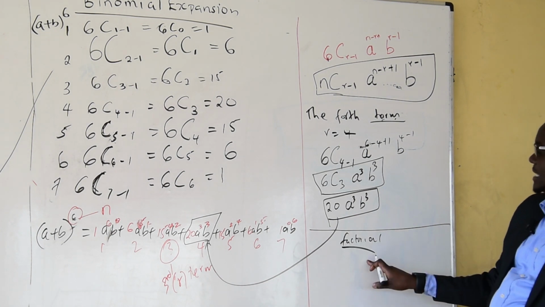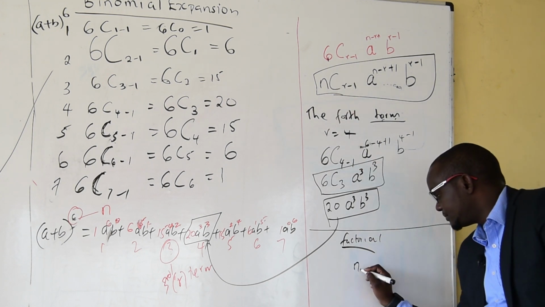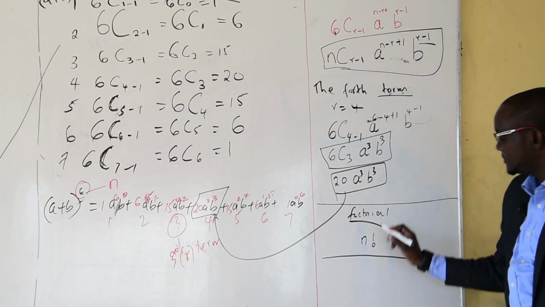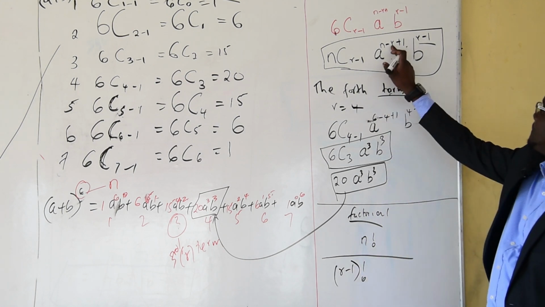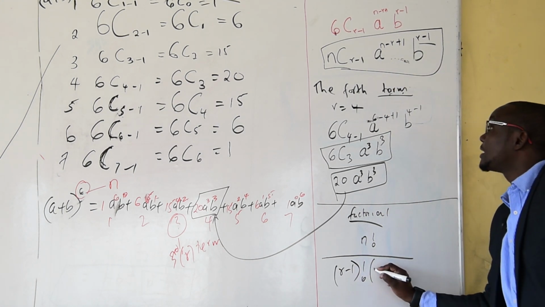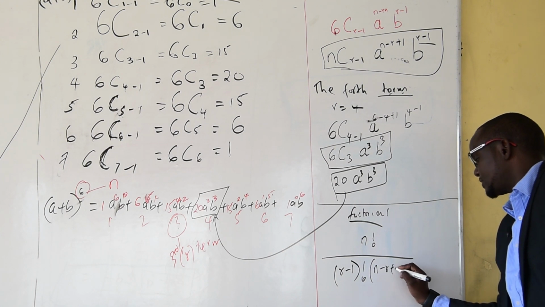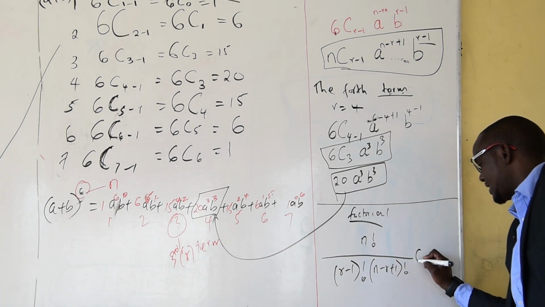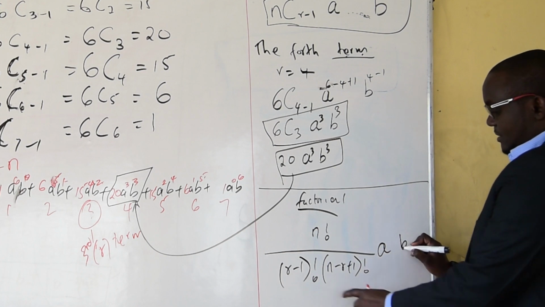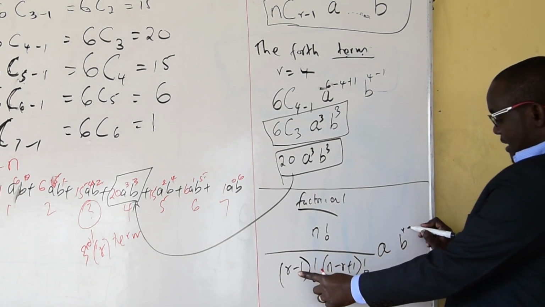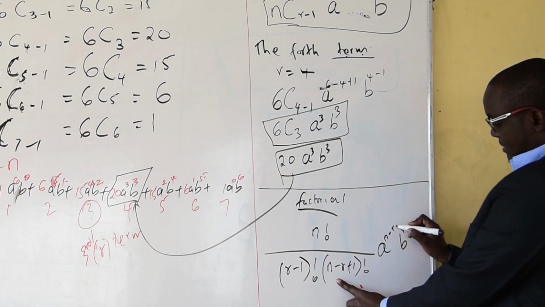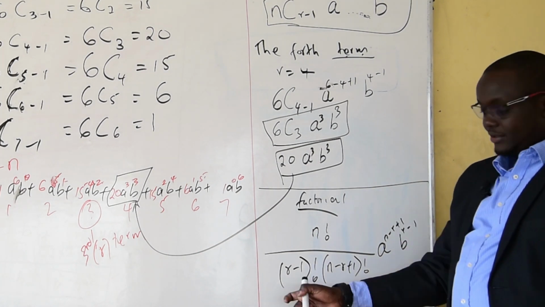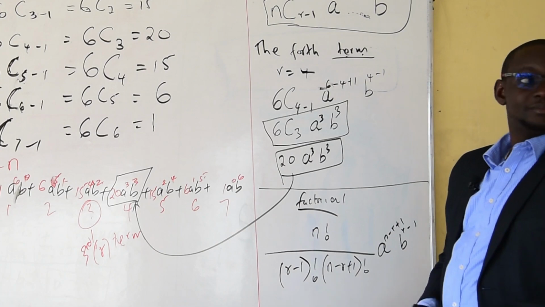You can say n factorial over (r minus 1) factorial, then (n minus r plus 1) factorial, then a, b. This is the power for b, r minus 1. This is the power for a, n minus r plus 1. Get this. Thank you.